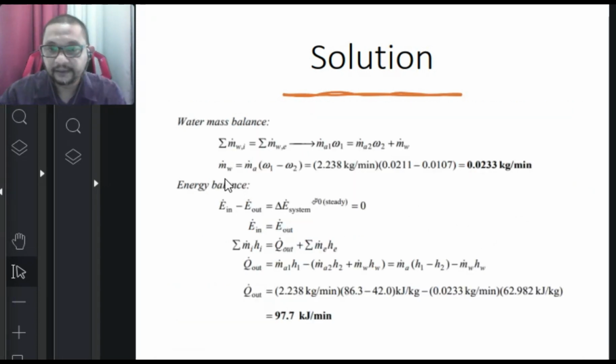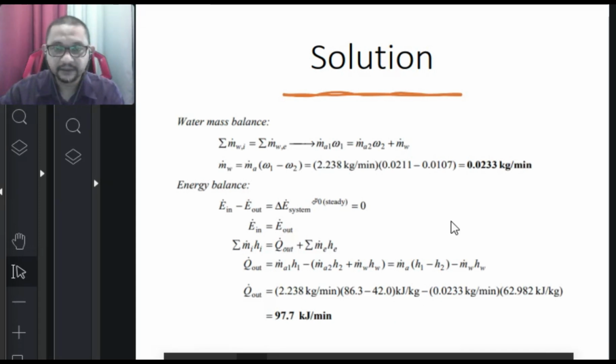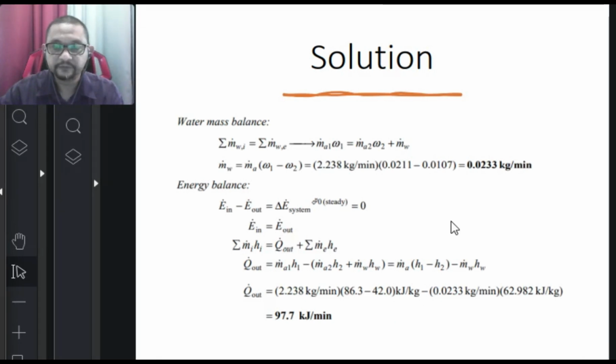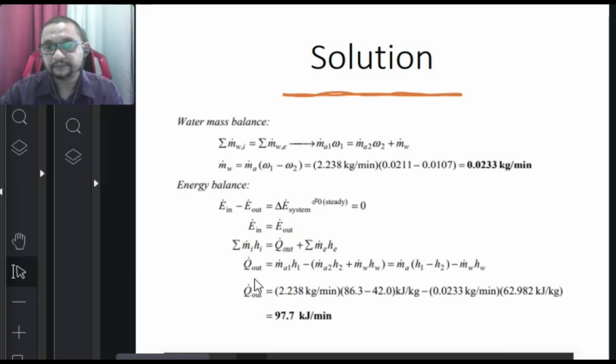To find m dot w at the dehumidifying section, based on water mass balance, use this formula, then m dot w is equal to 0.0233 kilogram per minute. And then to find the rate of heat out from this system, based on energy balance, you get Q dot out of 97.7 kilojoule per minute.